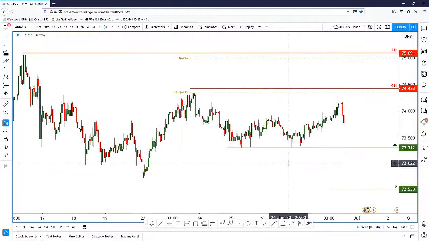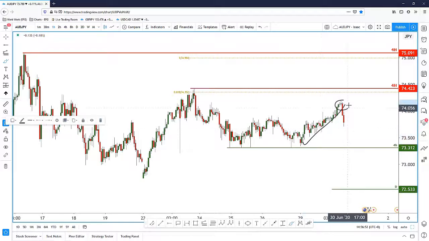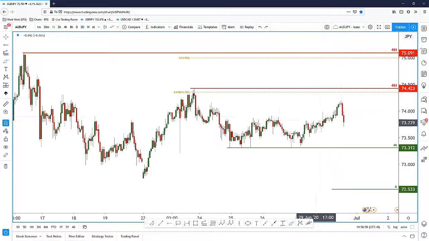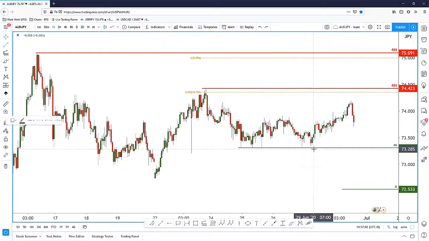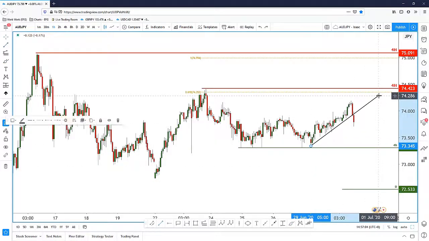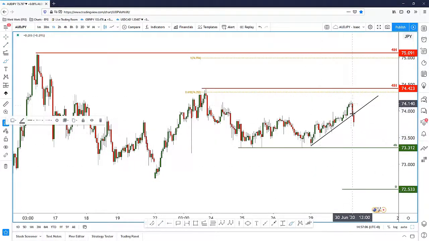Now we see that price has actually made a run up before rejecting this level and then pushing back down, right? What I'm thinking is that price has already broken this support here, this ascending trend line support on a very short-term time frame. Okay, I'm expecting price to make a pullback and then go all the way down to the 4-hour support.